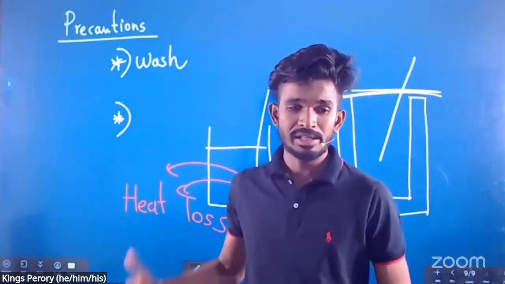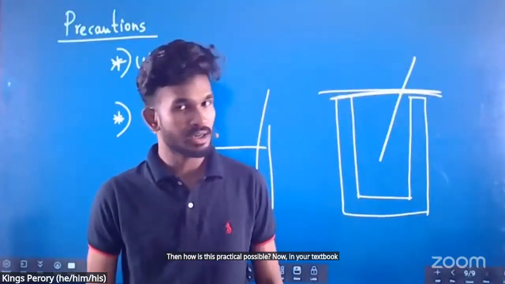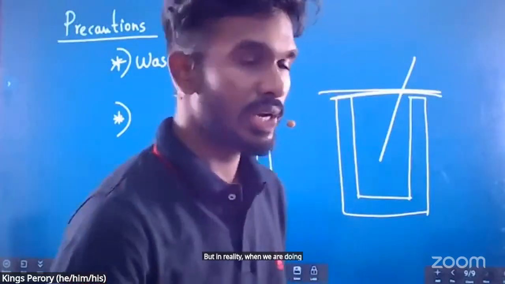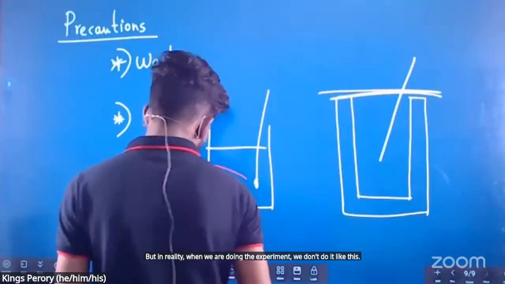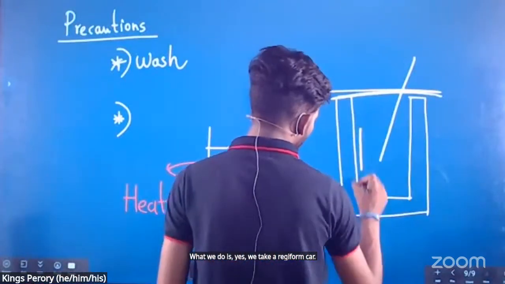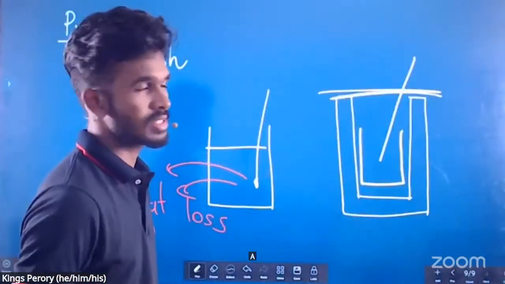Then how is this practical possible? Now in your textbook, this is how the practical is given. But in reality, when we are doing the experiment, we don't do it like this. What we do is, yes, we take a polystyrene cup. Inside that we keep a brass cup, a cup made of brass.